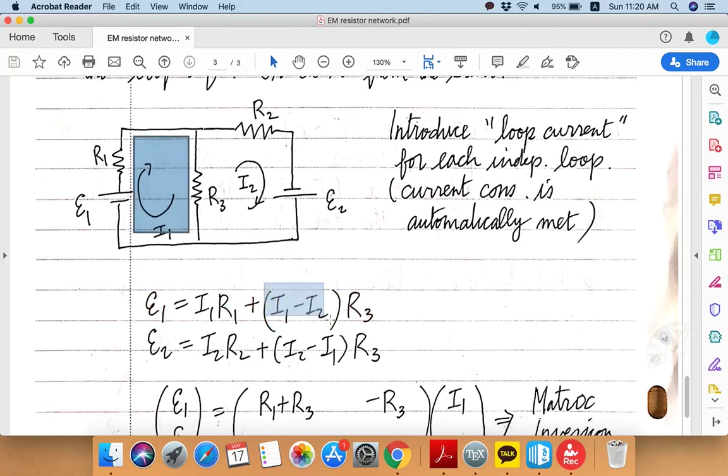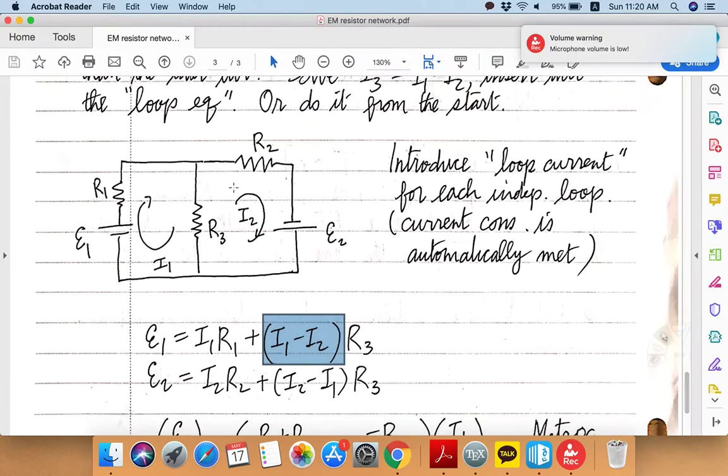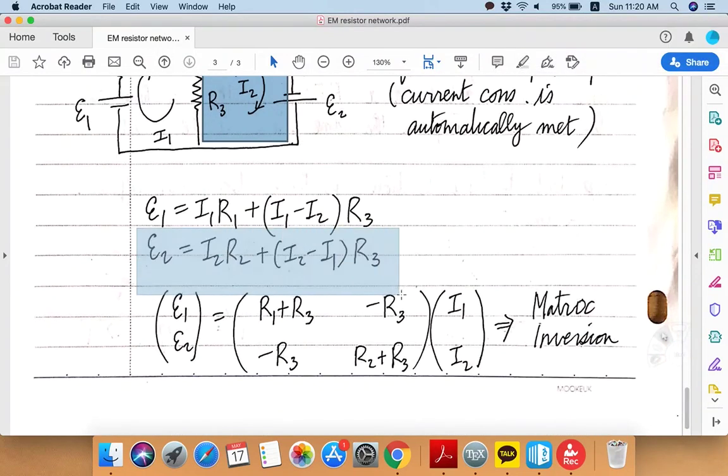And here we have I1 minus I2 because when you look at this resistor, you have I1 current flowing in this way, but you have also I2 current flowing in the opposite way. So they contribute to the voltage drop with a different sign, which is why you have this minus sign over here. And also for this loop, you can easily write down the Kirchhoff rule in this form.